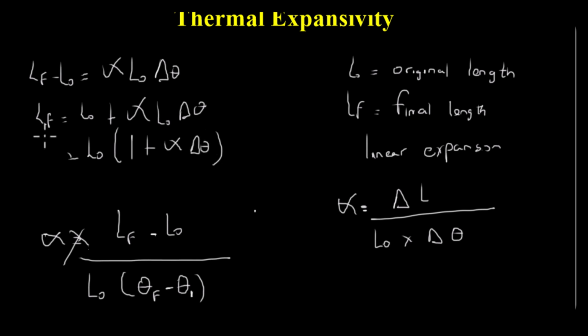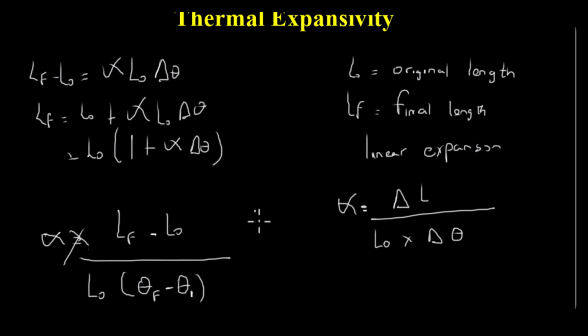So if you're looking for the final length, you want to know by how much your new metal will increase after subjecting it to a form of heat, then you can use this formula. Sometimes the question might be asking for the final temperature or the initial temperature or even the linear expansivity. Just know how to work your way around these formulas.